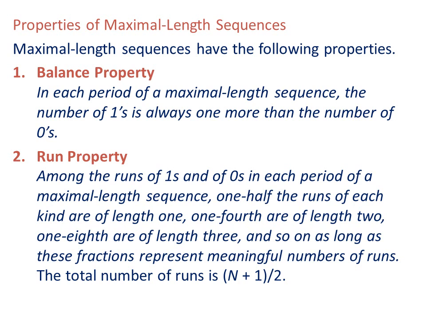That means if the length of the sequence is 7, in that case the total number of runs will be (7 plus 1) by 2, that is 8 by 2, that is equal to 4. That is the run property.